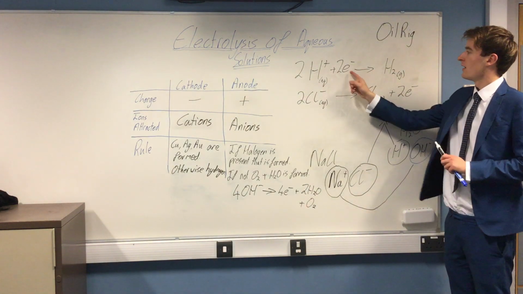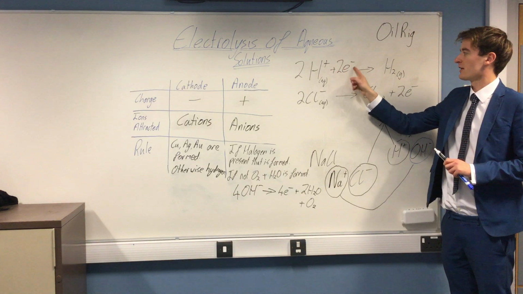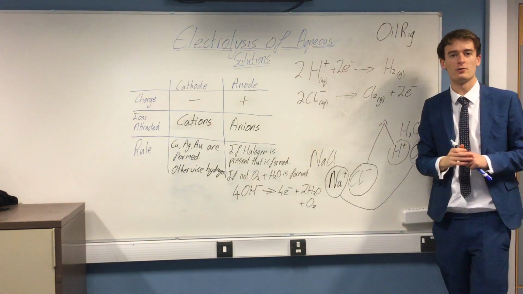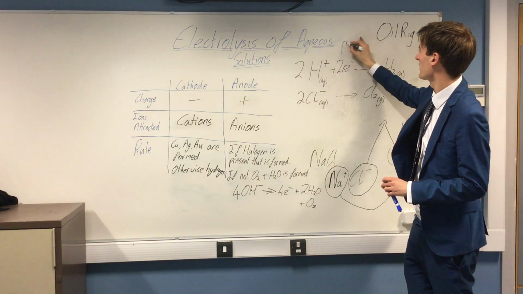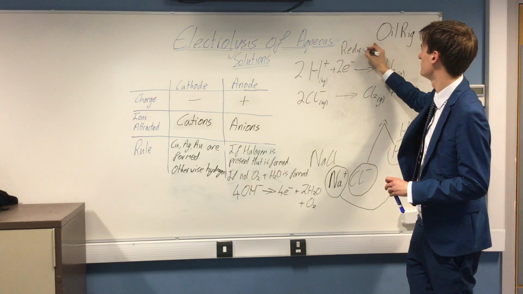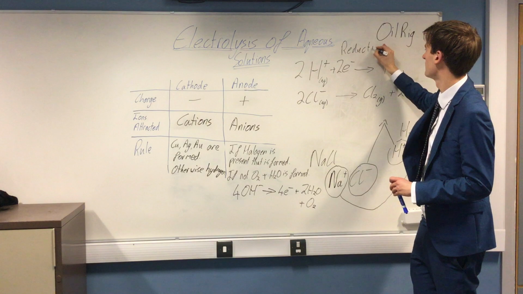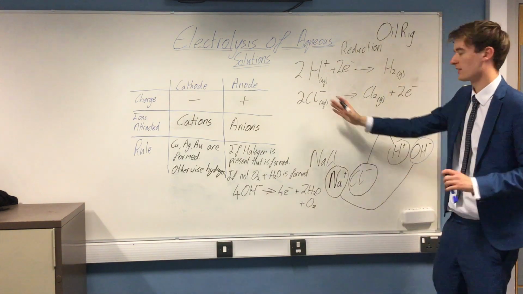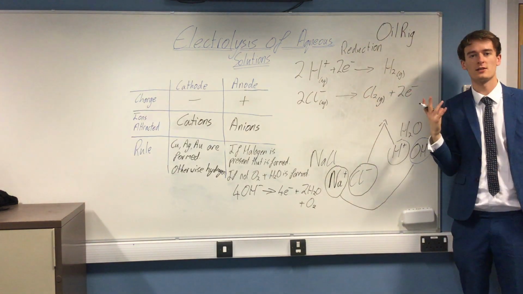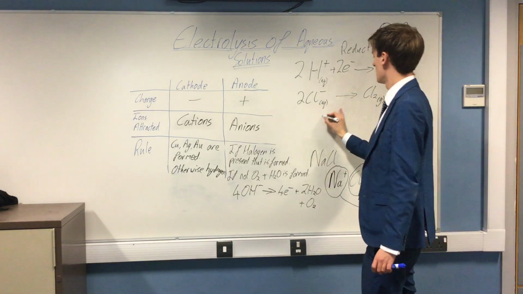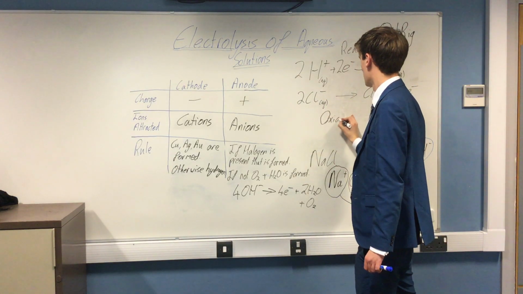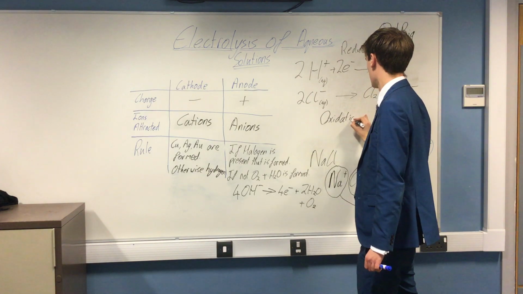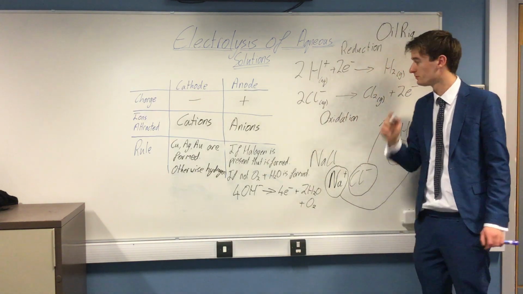Now, some of you may be able to look at this and see that the proton is gaining some electrons and is therefore undergoing reduction. Chlorine is losing 2 electrons and, following our OIL RIG, is undergoing oxidation.